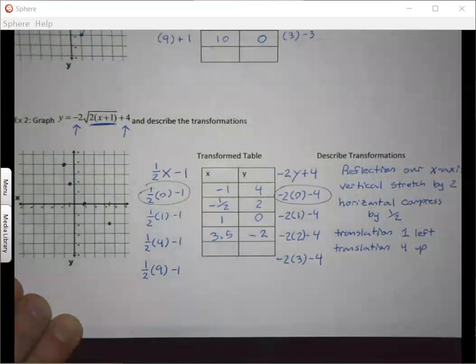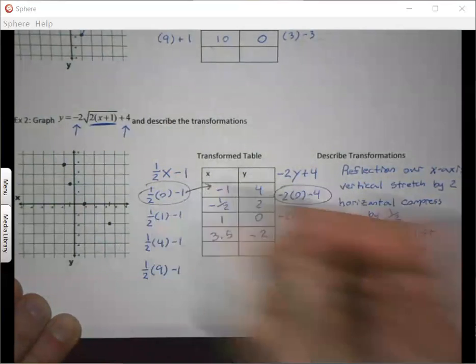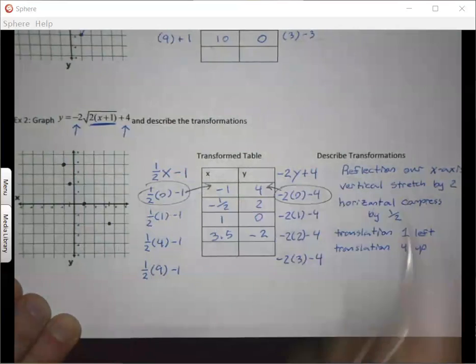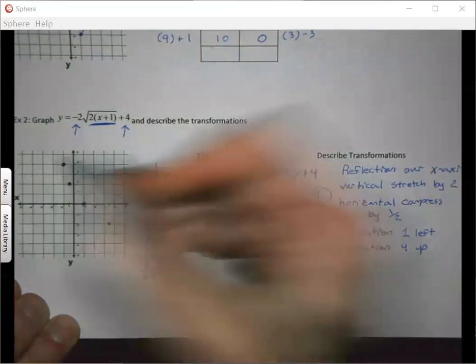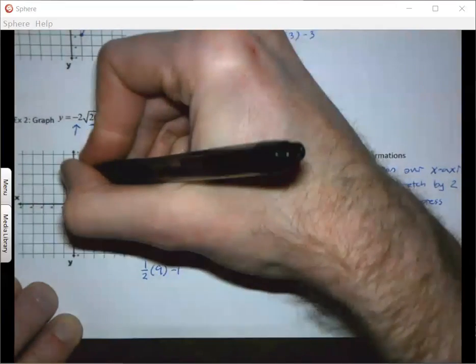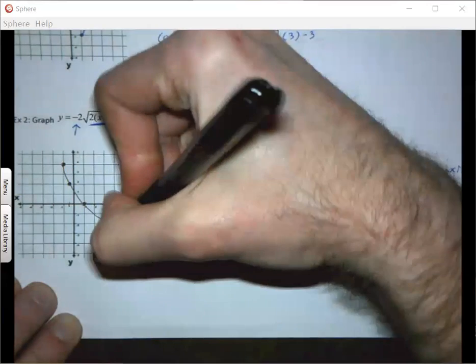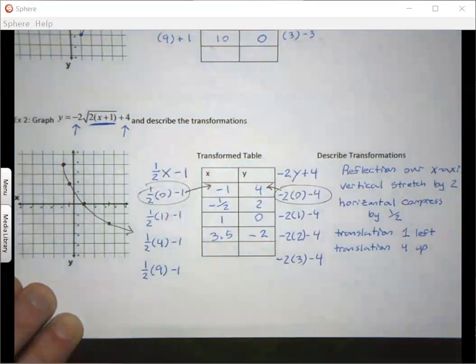When you plug it in, it becomes your new origin. So that tells us our starting point, or our origin, is now at -1, 4. So we'll start here and draw our graph.